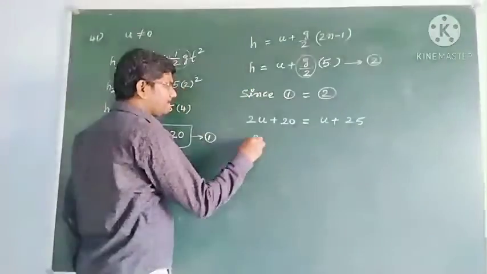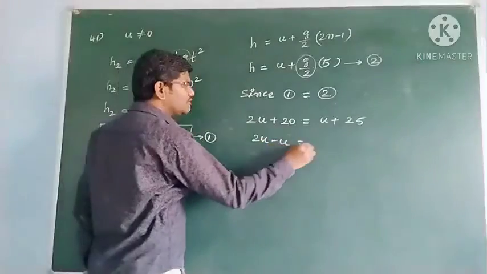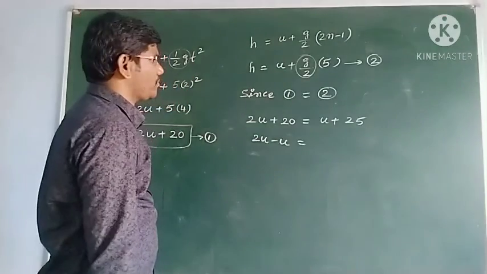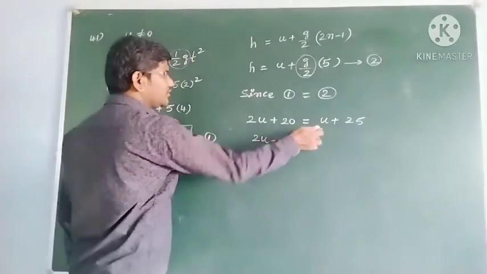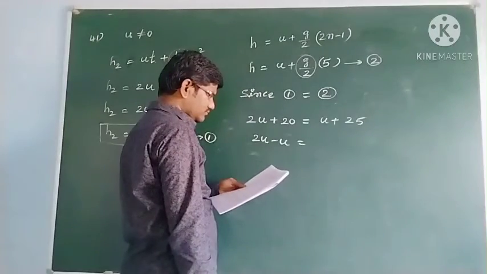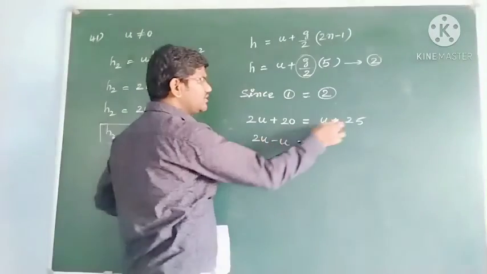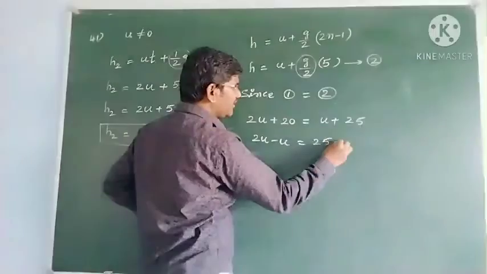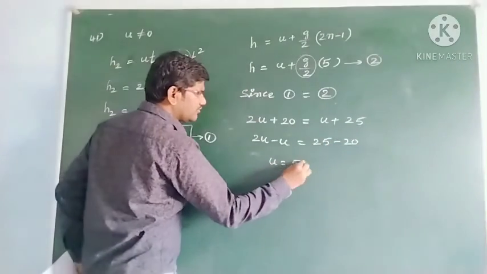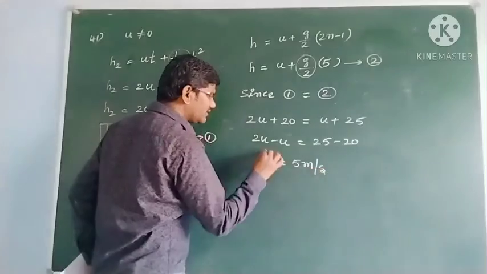Okay. Then 2u minus u is equal to 25 minus 20. Then u is equal to 5 meters per second, you got it.